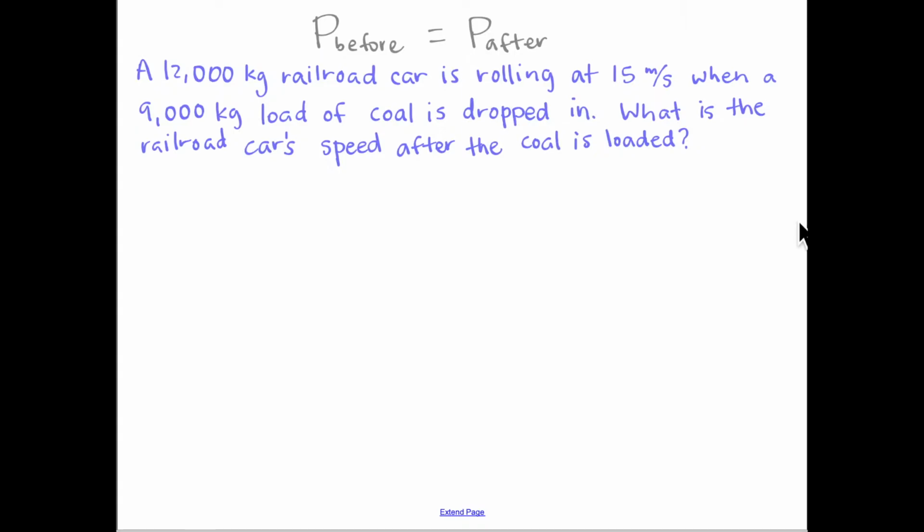So often we are going to talk about collisions having to do with momentum. The conservation of momentum tells us that the momentum before the collision is equal to the momentum after the collision. Momentum is equal to mass times velocity. We could have mass times velocity before equals mass times velocity after.